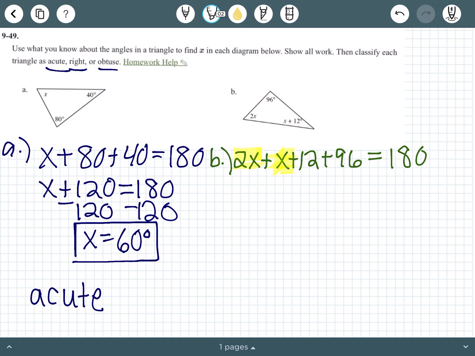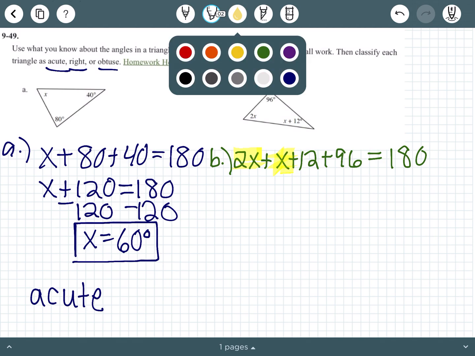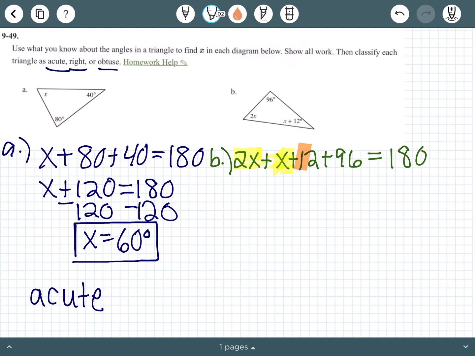I also have 12 and 96 that I can combine. So when I do that, 2x plus x is going to give me 3x, and 12 plus 96 is going to give me 108. And I still have 180 degrees on my right side.